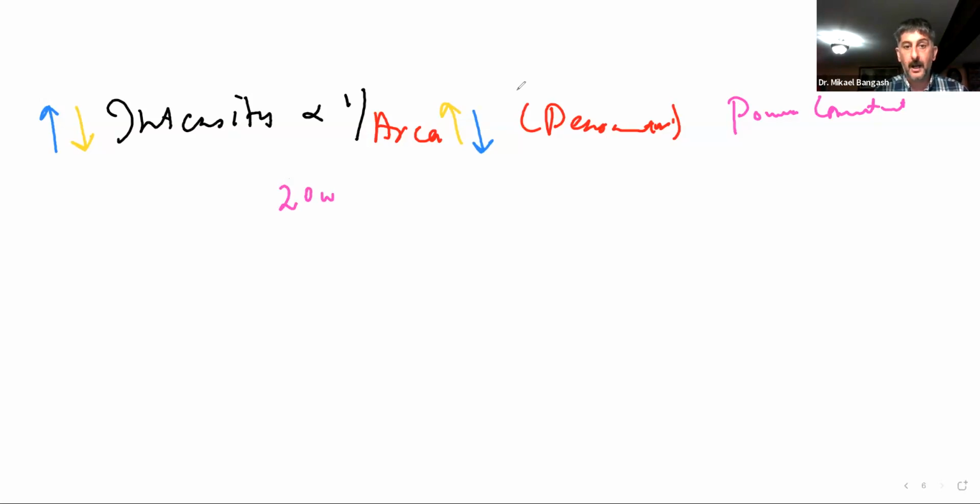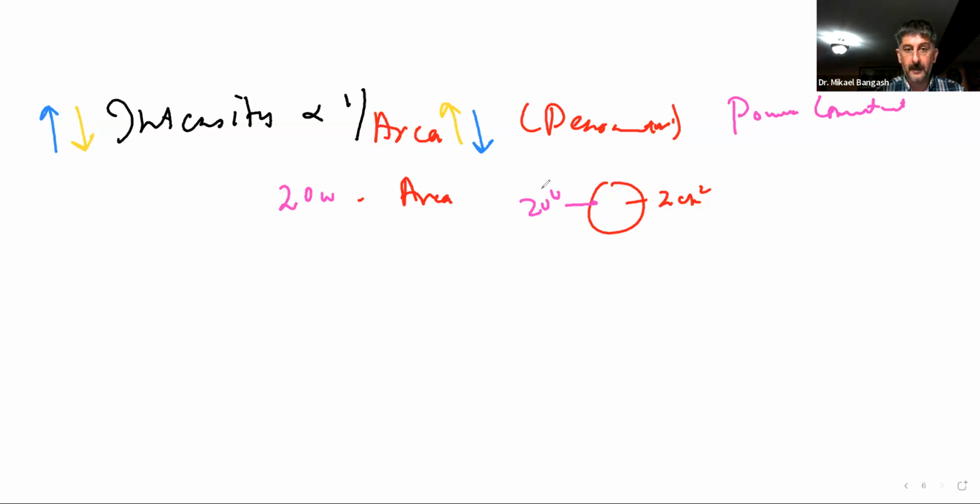We can start off with a fixed area, or with an initial area, and say our area here is going to be 2 centimeters squared. On this 2 centimeters squared we have a power of 20 watts.